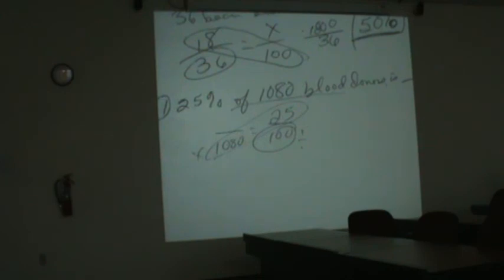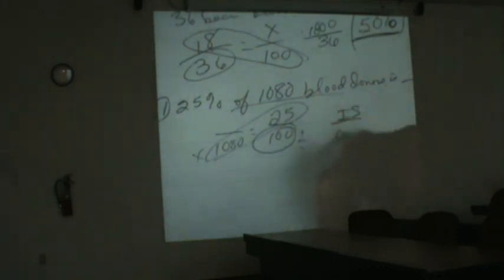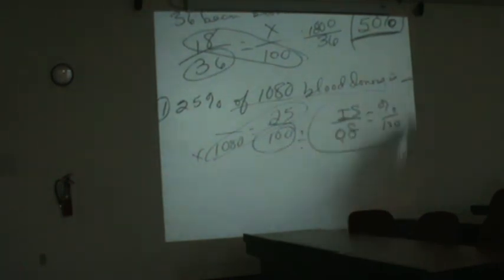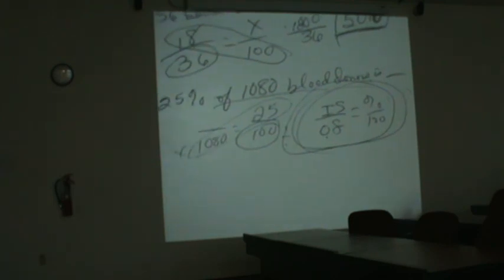So when you leave this class, you should be able to remember is over of. It's alphabetical. I is on top, comes first, okay? Is over of, percent over 100. If nothing else, take the percent with you when you leave this class.